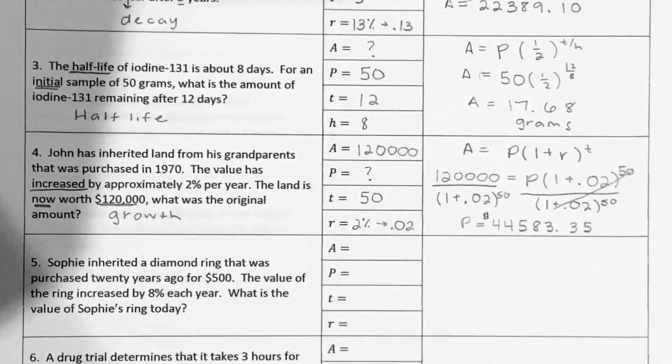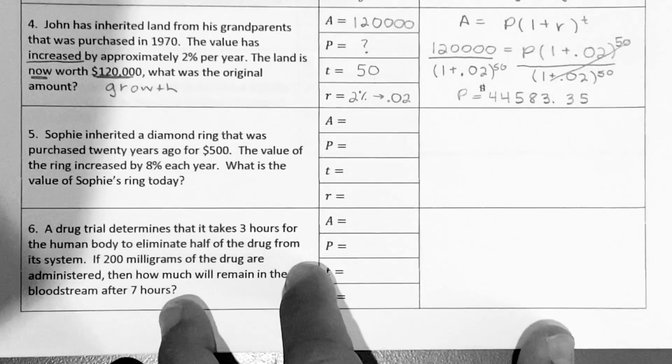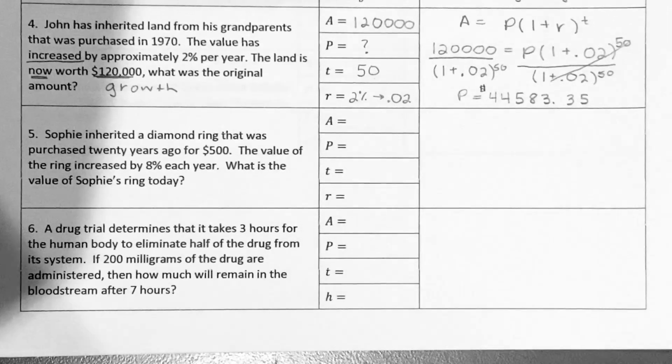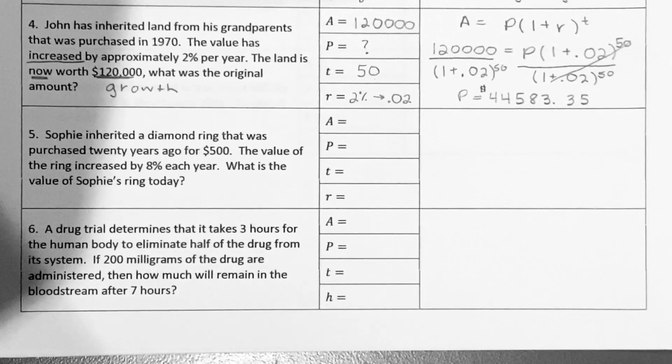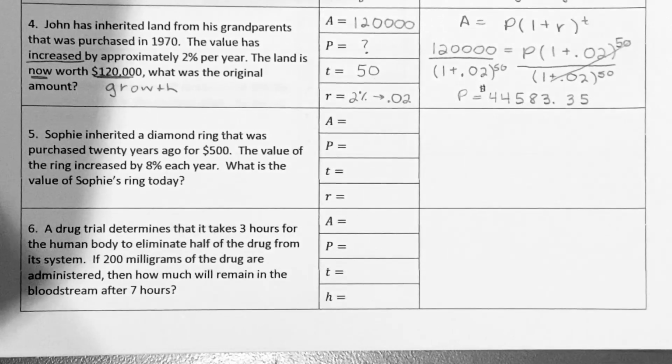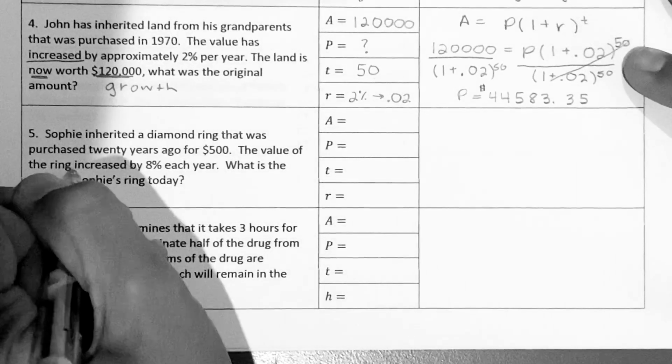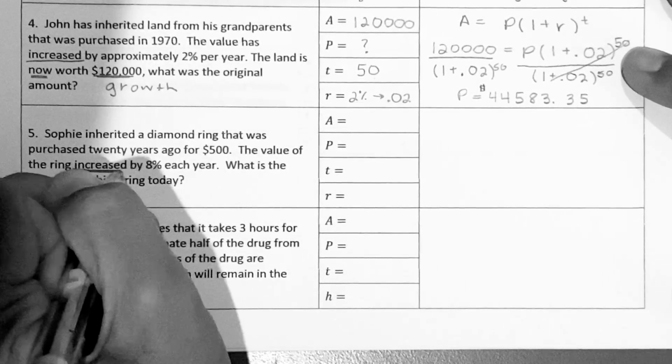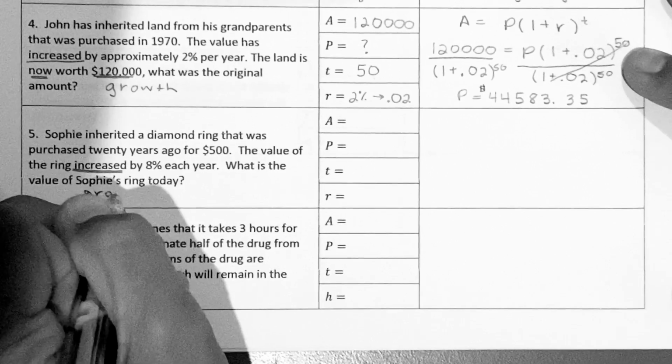All right, Sophie inherited a diamond ring that was purchased 20 years ago for $500. The value of the ring increased by 8% each year. What is the value of Sophie's ring today? All right, so her value is increasing. That means it's growth.